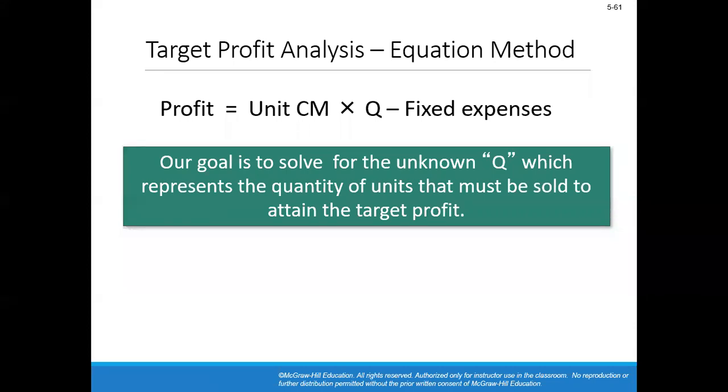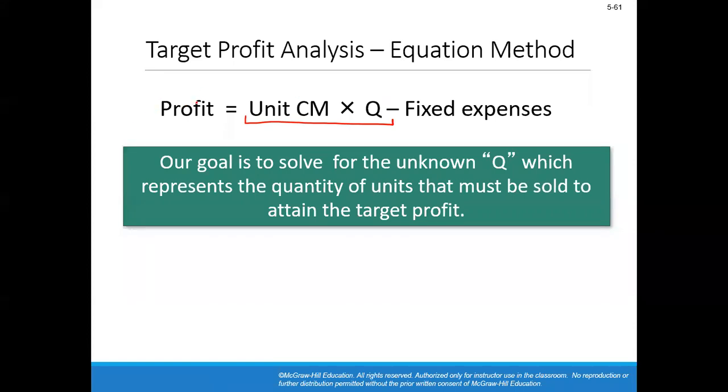Profit can be expressed this way: the unit contribution margin multiplied by the quantity is the total contribution margin, and we like to see whether this contribution margin is adequate to cover the fixed expenses. When it is barely adequate to cover the fixed expenses, you would see the profit is 0, and that is our break-even point.